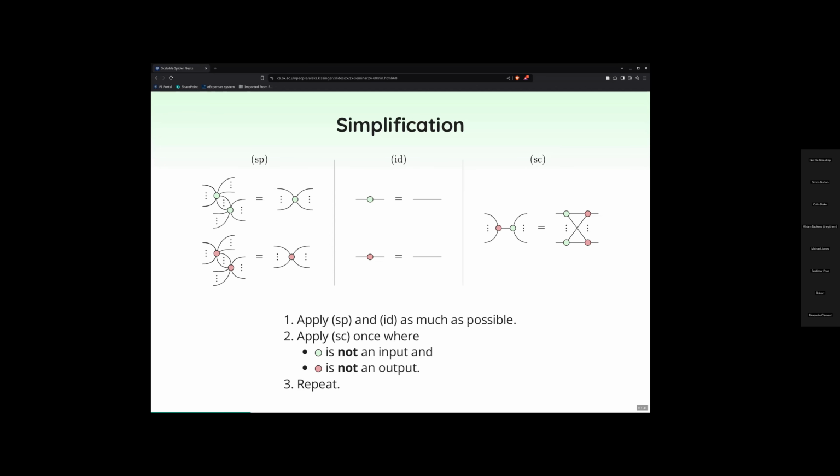We're trying to get all of the Z spiders on the input, and all the red spiders on the output. So anytime I have a pair of spiders which are not in that configuration, I just apply strong complementarity, and we'll move closer to that configuration.